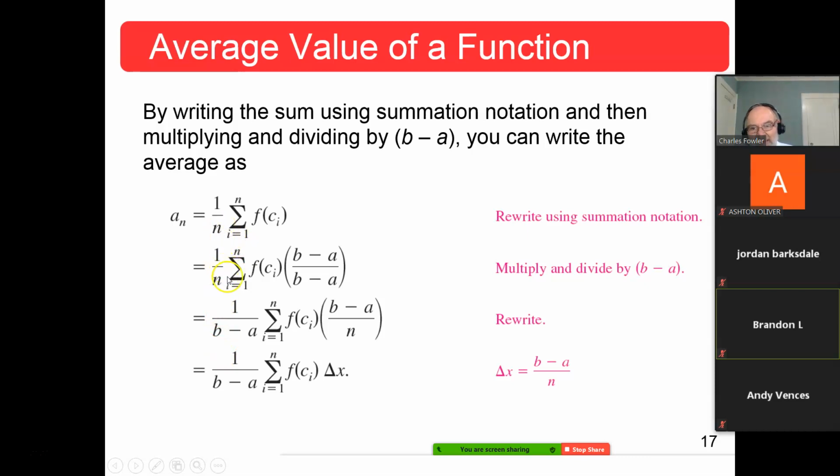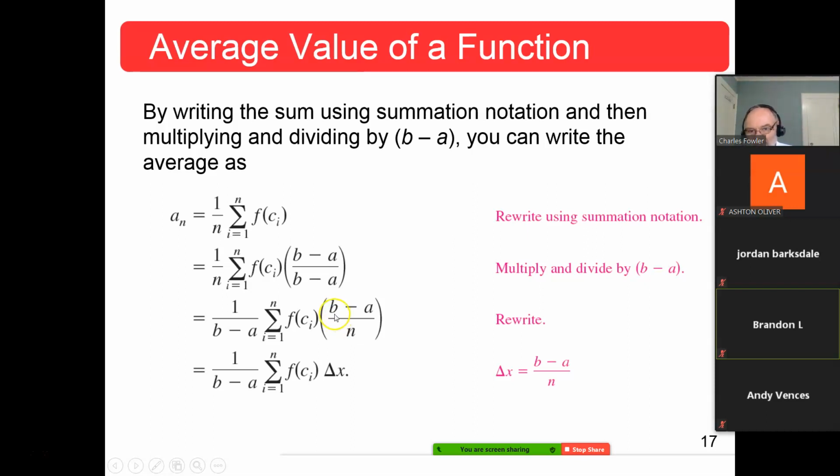Okay? Now, what they're saying to do is multiply and divide by b minus a. And you might say, why? Well, here's why. Take the denominator on the outside, because b minus a has nothing to do with the summation at all, but leave this one on the inside and pull back that 1 over n. Why they put it out there, I don't know, but they did.